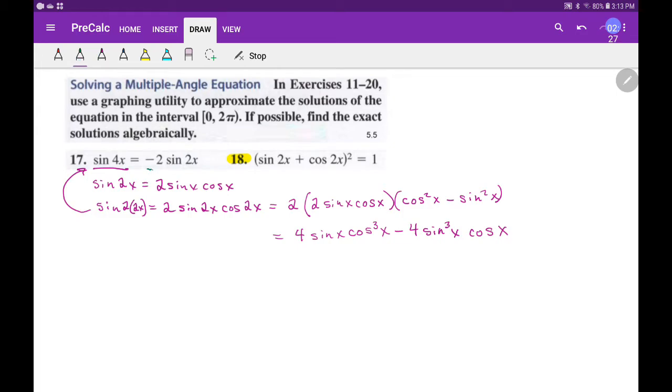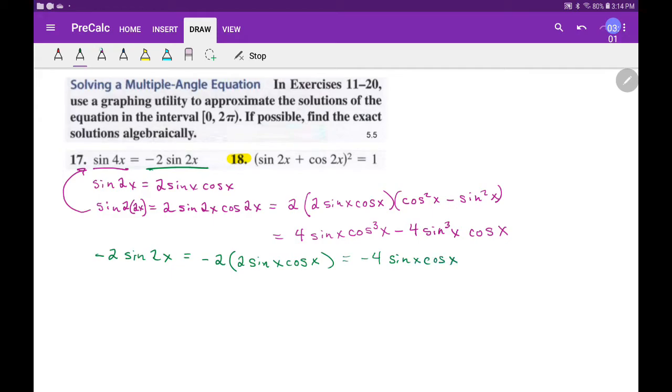Okay, for the other side here, I'm going to say minus 2 sine of 2x. And I'm going to say that is equal to negative 2 times, it's just going to be 2 sine x cosine x, right? Okay, and that's going to be negative 4 sine x cosine x.